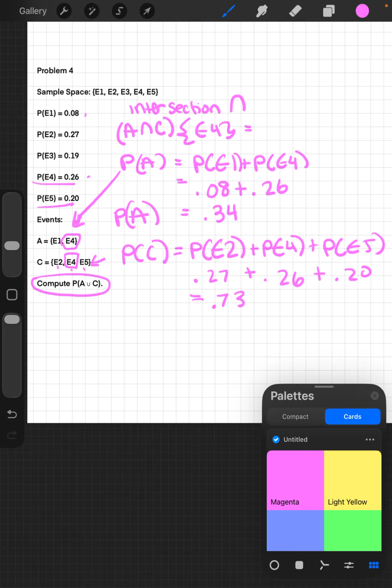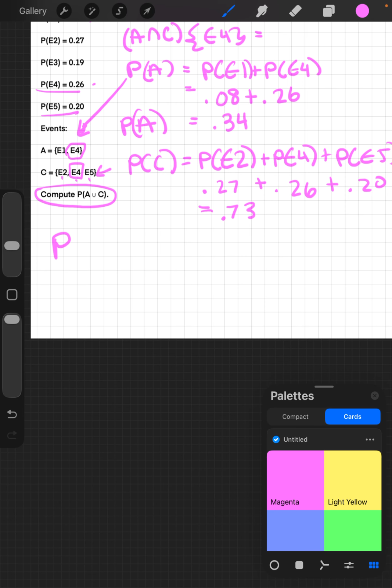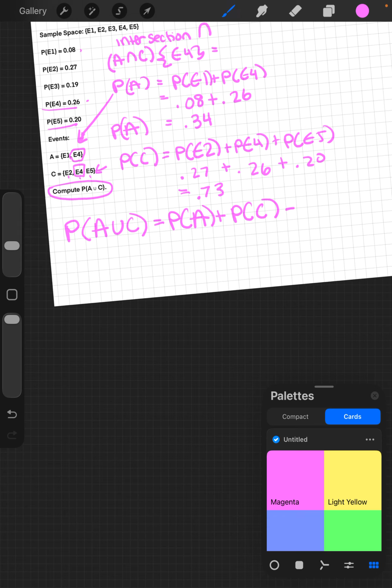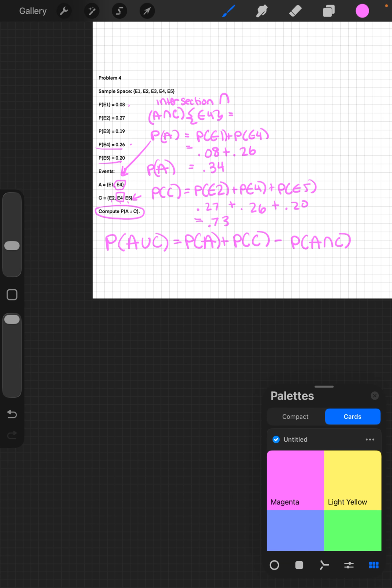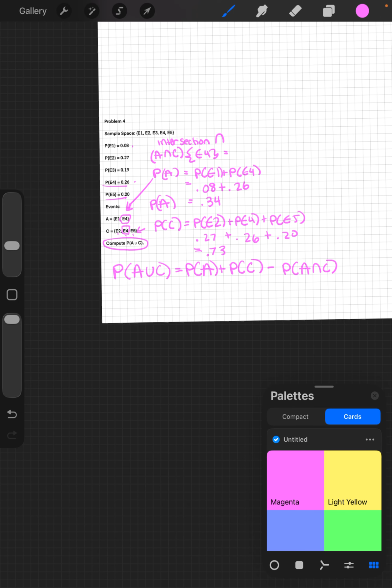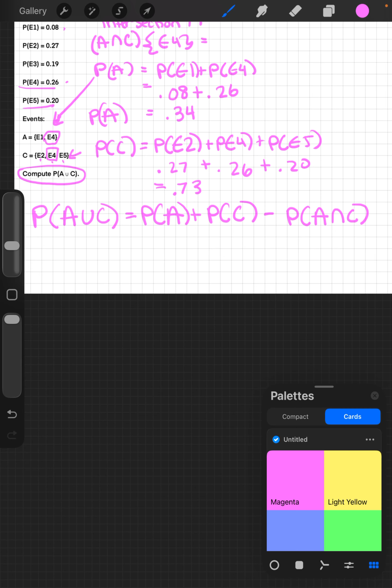Okay, now we're going to use the formula. It's going to be a little tricky, I'm not going to lie, but I'm going to write it out. P of A union C is equal to the probability of A plus the probability of C minus the intersection of A and C. I wish I wrote this down.